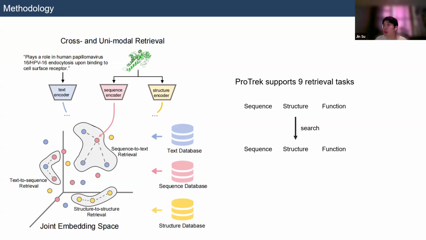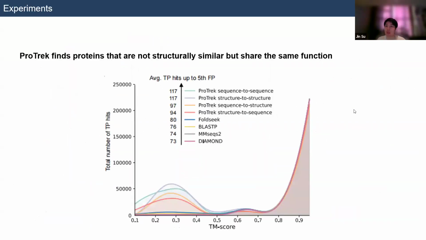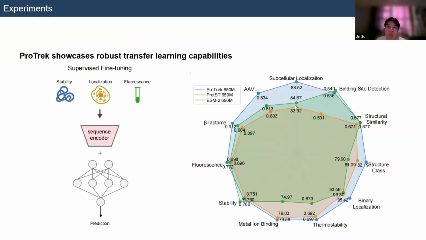So here, ProTrek outperforms ESM2 in 9 of 11 tasks. What characteristics in the remaining two tasks made ESM2 perform better? I can see ESM2 performs better in the stability and binding site detection tasks.